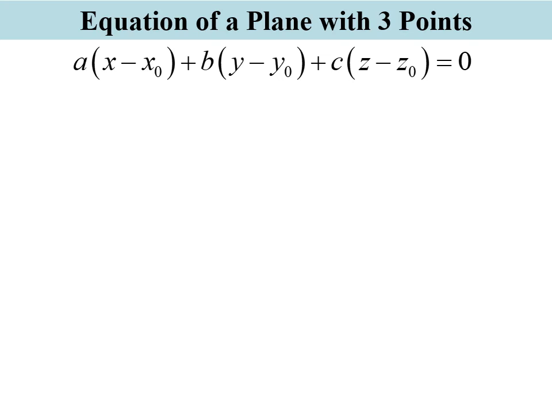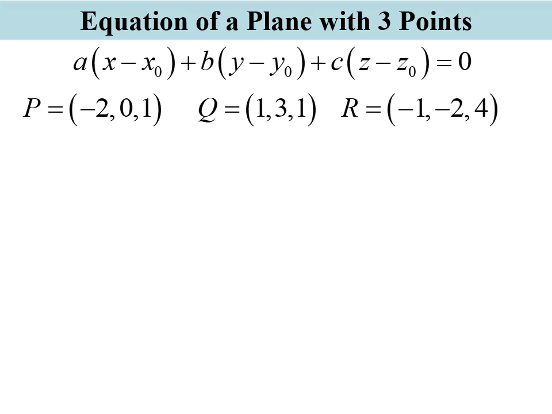I'll show you all 3 situations, starting with the 3 points. So we're going to take these 3 points and find the equation of the plane through those 3 points. So here's what we will do. We'll start by finding a vector between any 2 of those points.